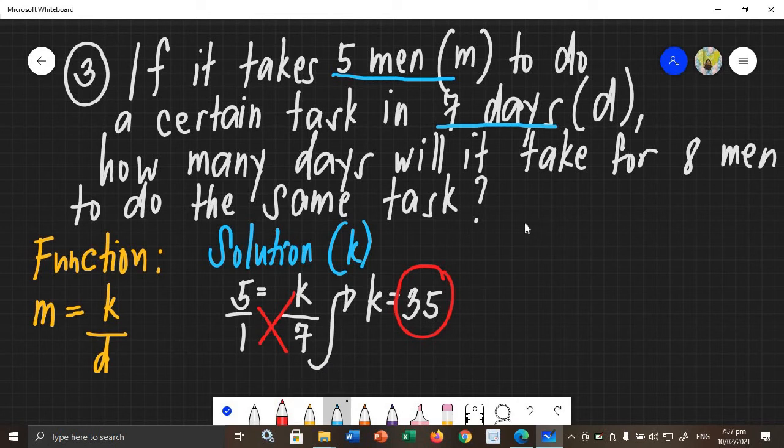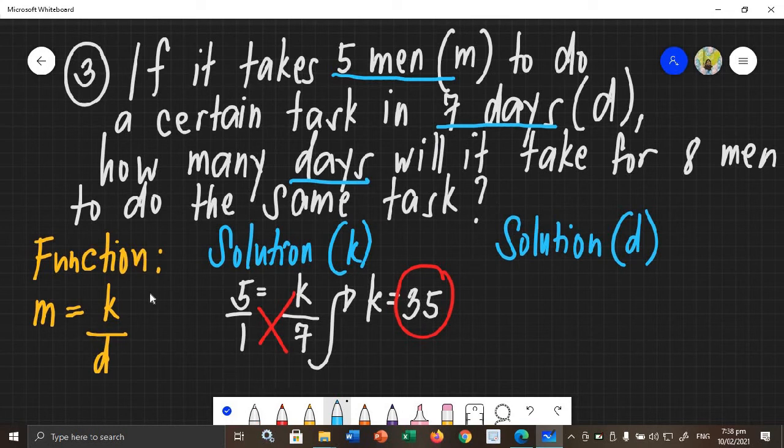Now that we have the constant of our variation, we can now solve the number of days. So ang nawawala is yung D. The number of days required to finish the same task by the 8 men, no?